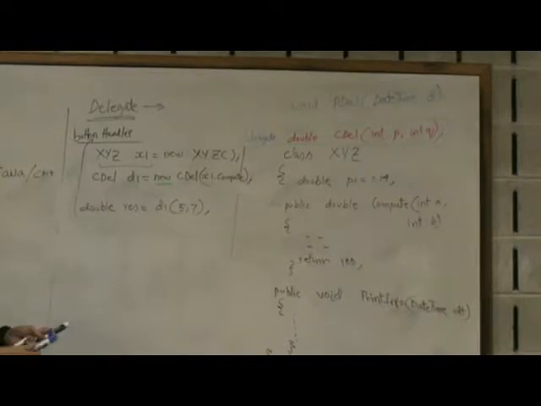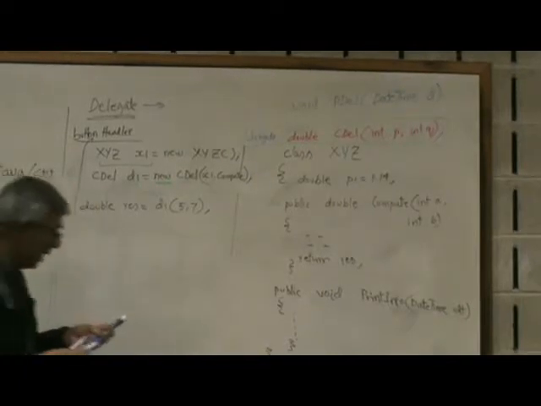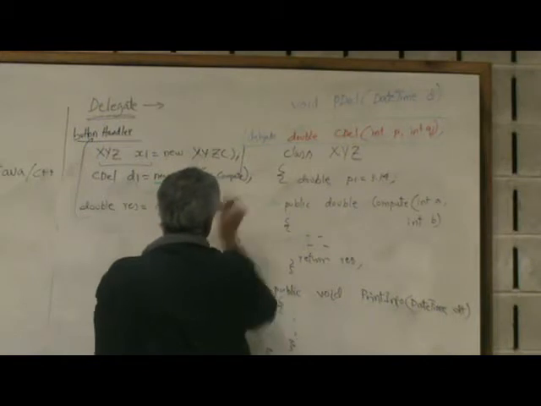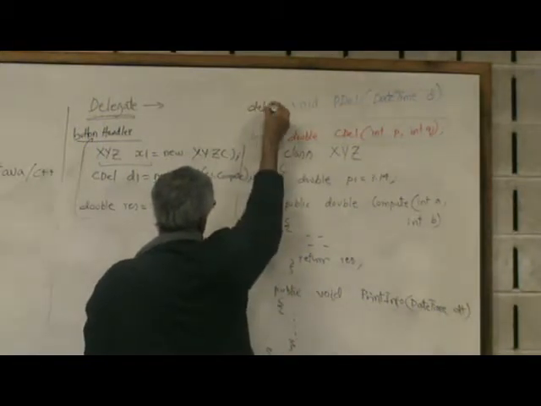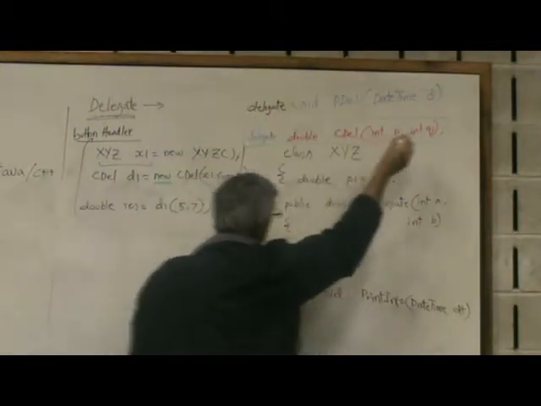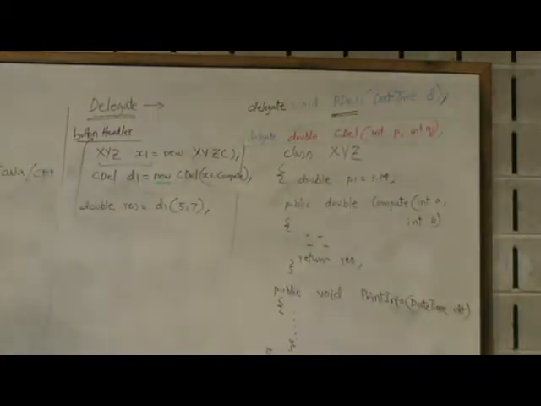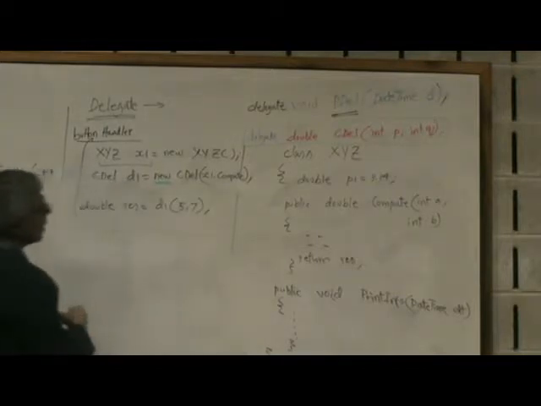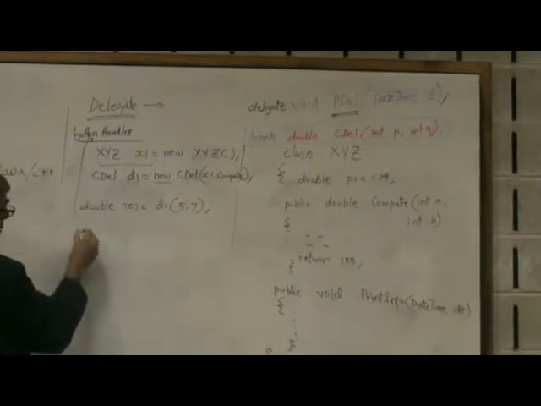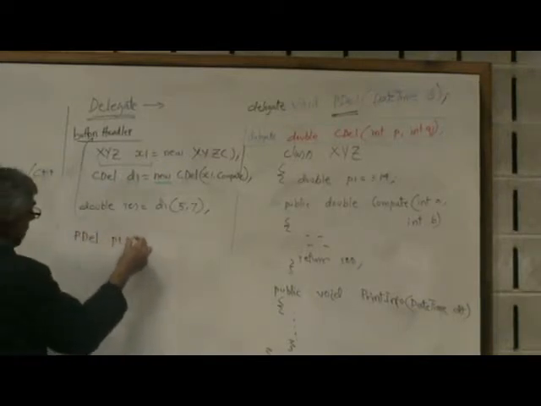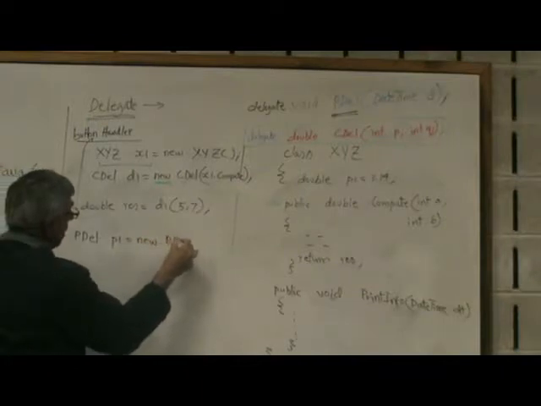Once you match the signature, how do you convert it into a delegate? Just add the keyword delegate in the beginning. So now we have created a type called pdel, which is capable of pointing to a function that returns void and takes a parameter of DateTime, right? So if we wanted to point to this function, what will we do? We will create pdel p1 equal to new pdel.